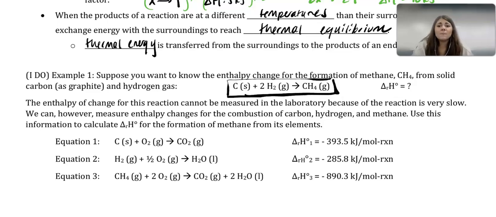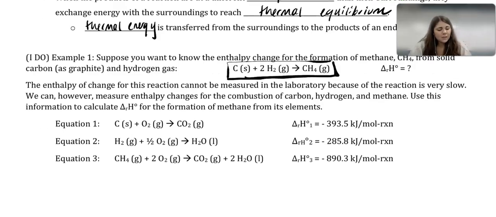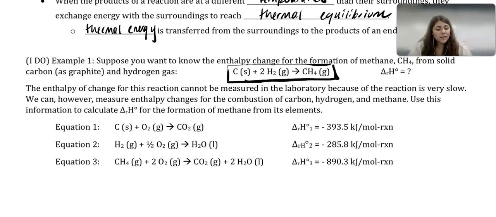So here we know, when I say we, I'm talking about chemists, but chemists know there are 3 different reactions, as mentioned below, that can actually help us get a proposed delta H reaction for this if we manipulate the other 3. So how I like to approach this is I like to look at every single species and I try to find them in the equations below.